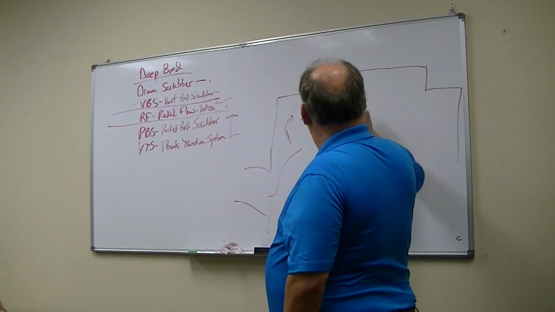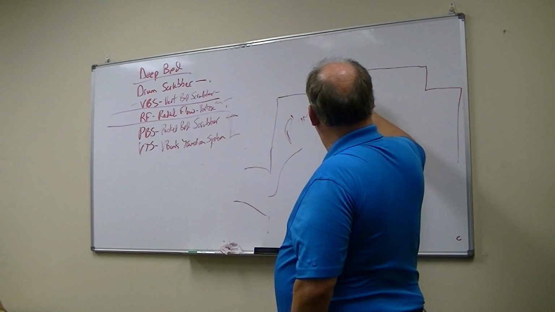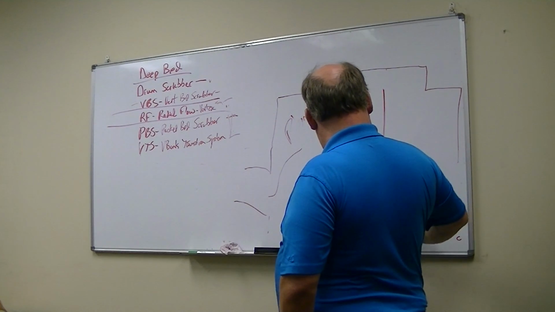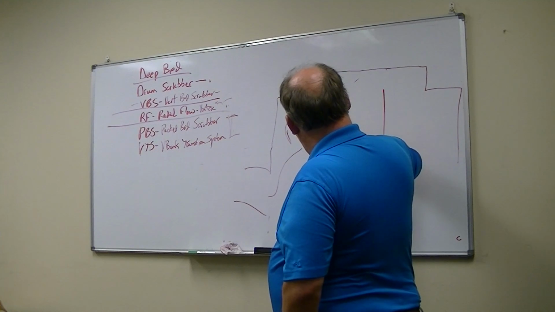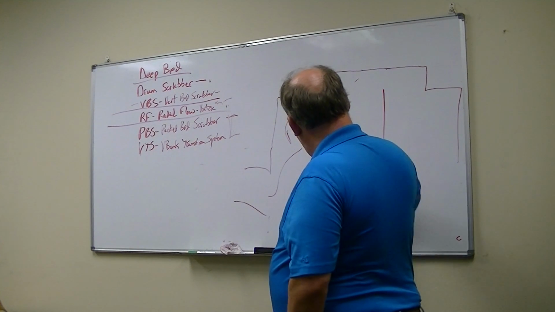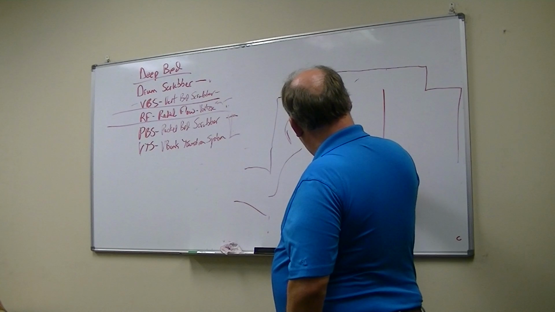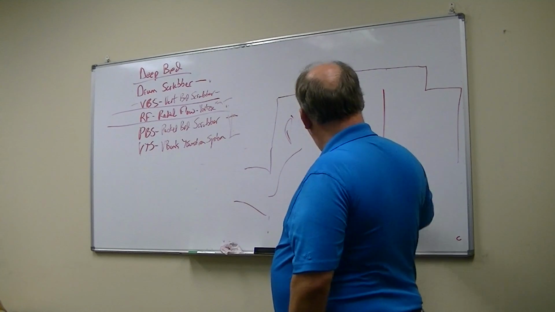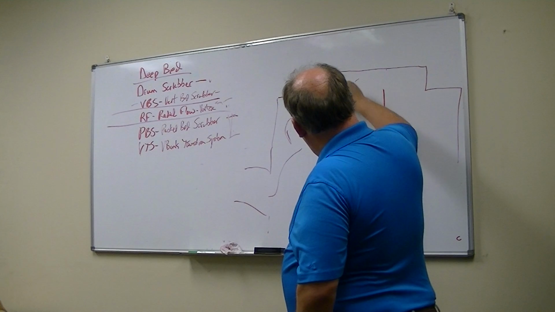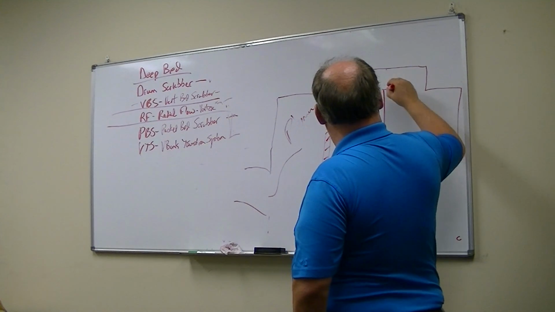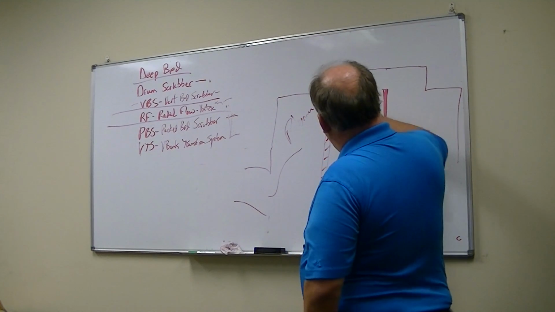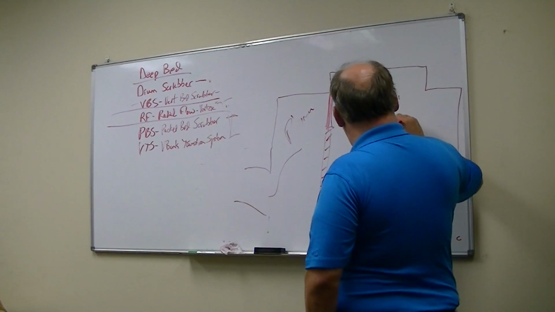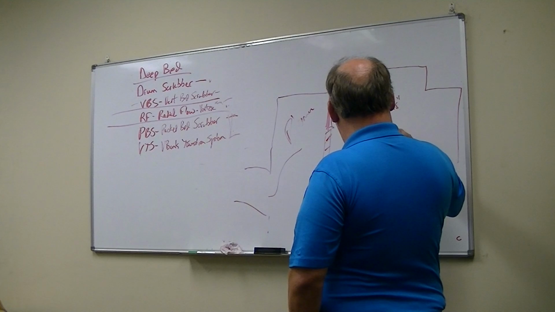Okay, and then he has a screen here. Let's call this... I'm going to make this screen here. Okay, so he has a solid plate, and then he has a solid plate. This is like 18 inches. Okay, and then he's got screen here.